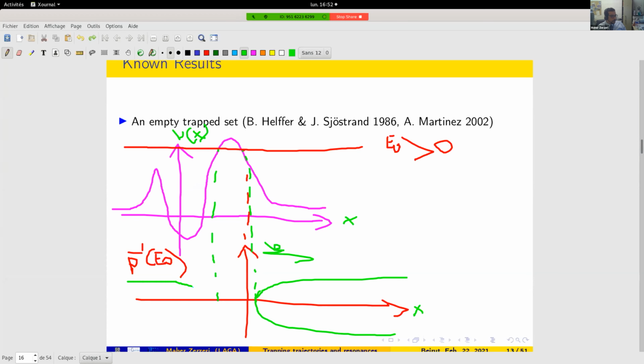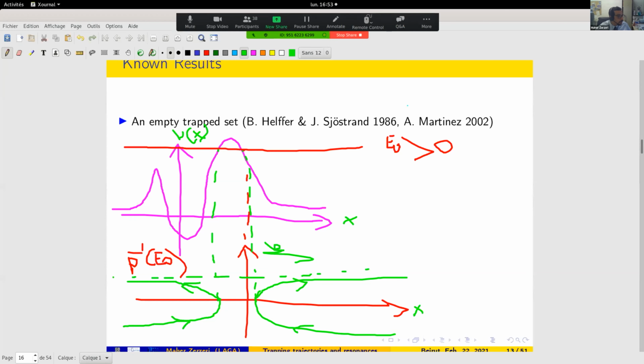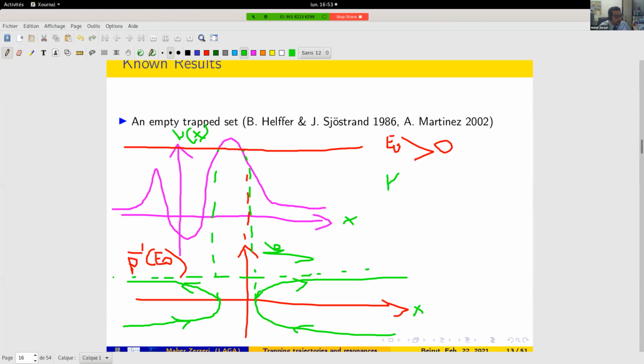So the asymptotic here is square root of E0. And here, all the trajectories go to infinity. So we can find an escape function G or a distortion of Rn such that, so here, the set of trapped trajectories is empty.